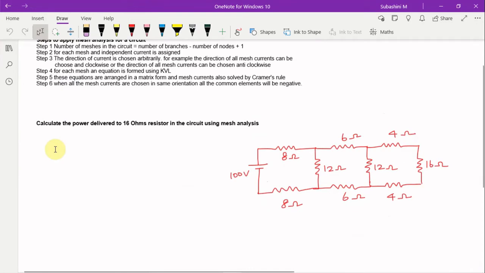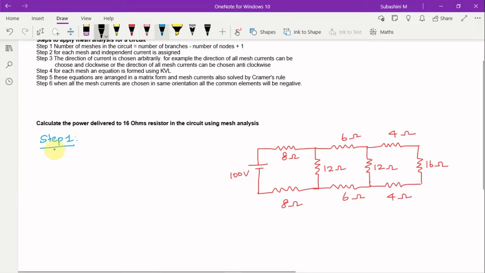Okay, so you can see step 1. Step 1 is to find out the number of meshes in the circuit.